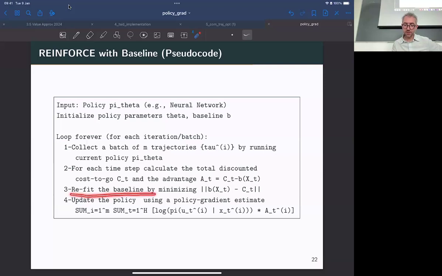Then you refit the baseline, so the value function, by trying to predict the cost that you have seen in the episode with your neural network, because that's what we do if you want to do Monte Carlo value estimation. And then you update the policy using the usual policy gradient estimate, but using the advantage instead of the cost to go.